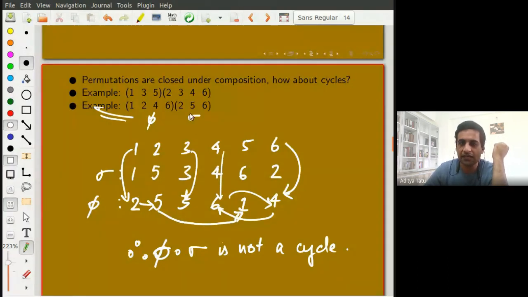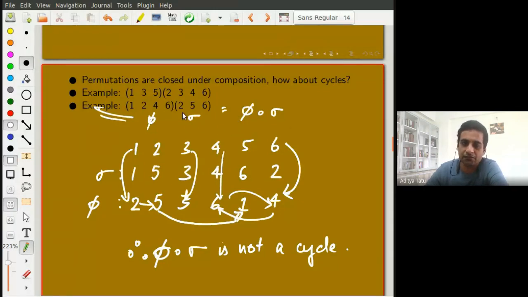Therefore, the product of cycles is nothing but doing composition of two functions. And we follow the convention of functions where if I have to compose two functions, I start from the rightmost function and then slowly proceed towards the left.